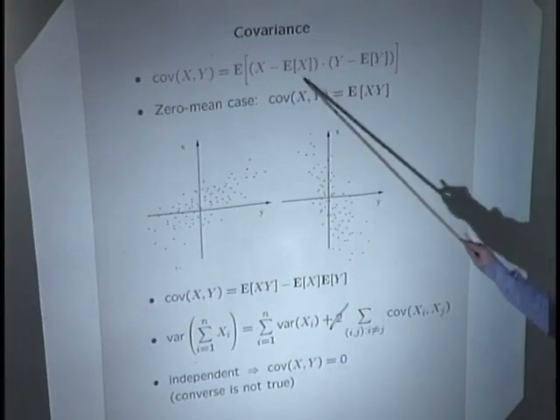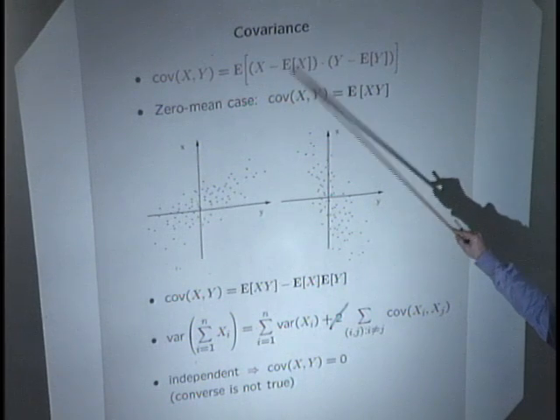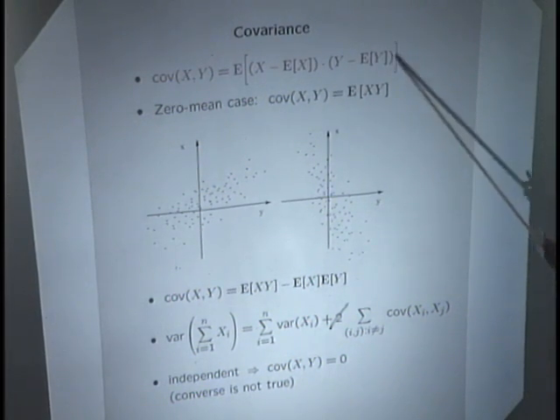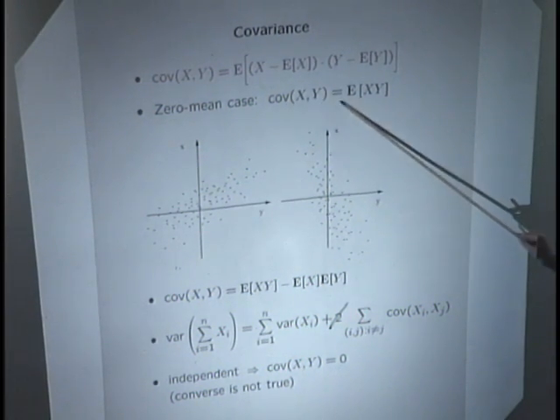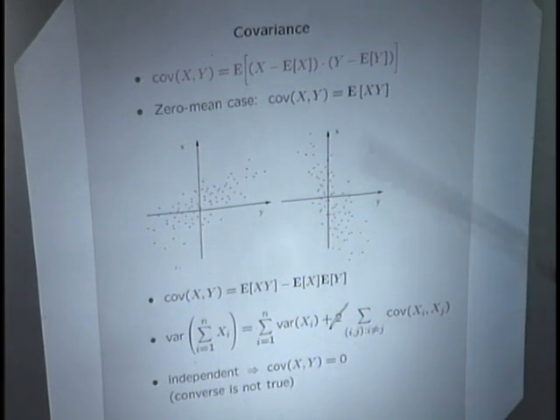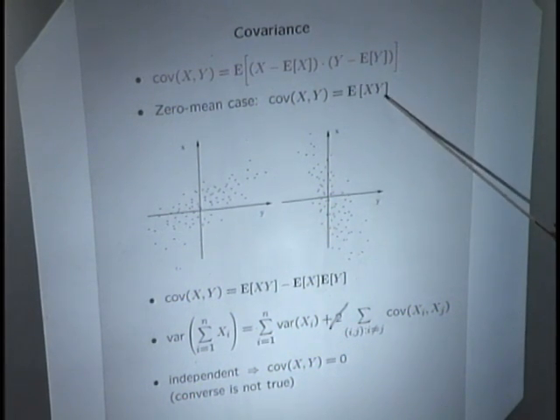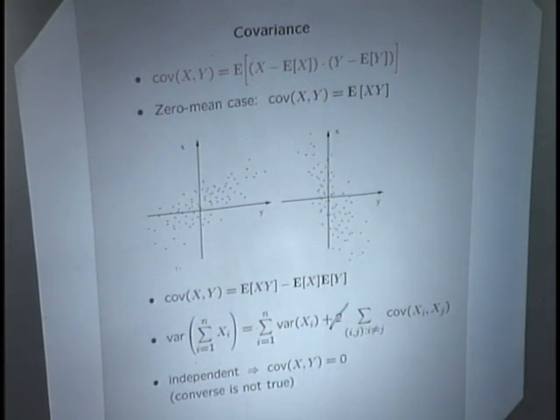Okay, to understand more precisely what this does, let's suppose that the random variables have 0 means, so that we get rid of some clutter. So the covariance is defined just as this product. What does this do? If positive x's tend to go together with positive y's, and negative x's tend to go together with negative y's, this product will always be positive, and the covariance will end up being positive.